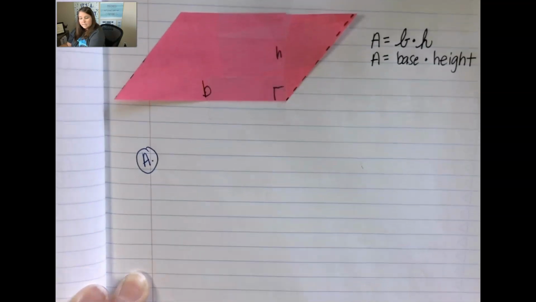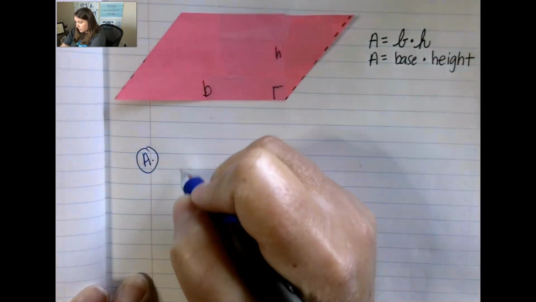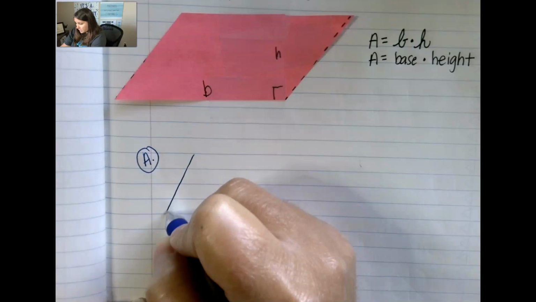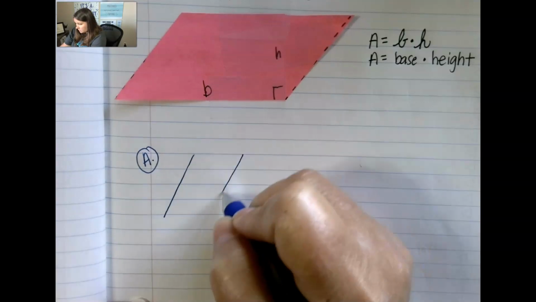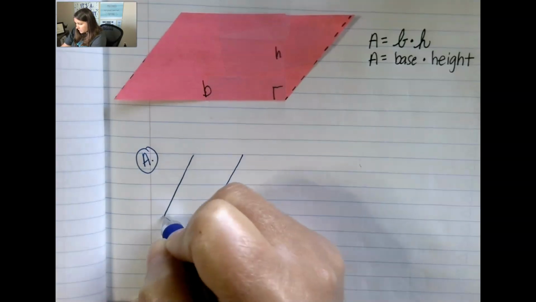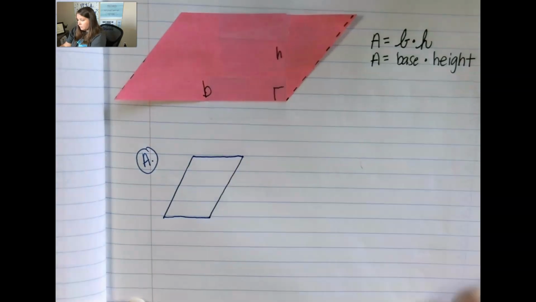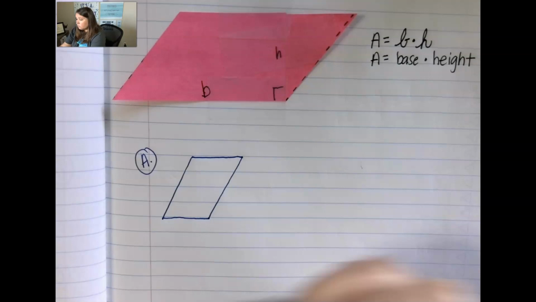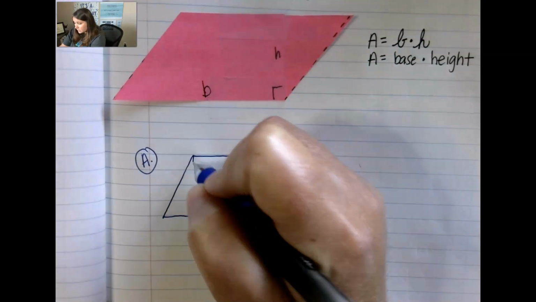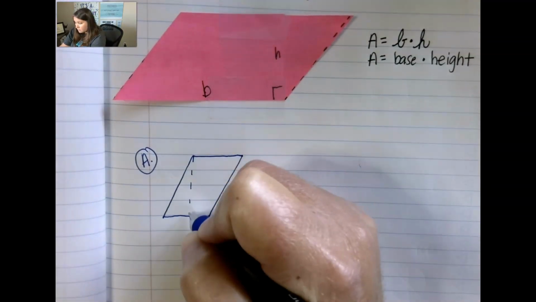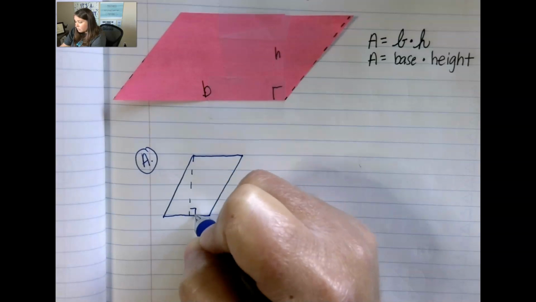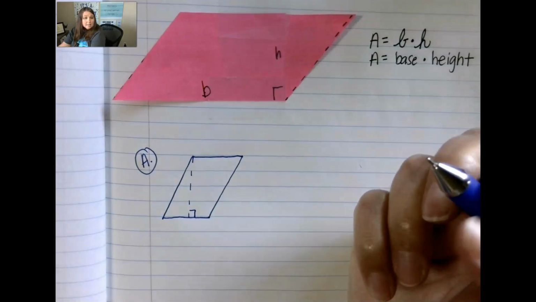So let's say that I have a parallelogram that looks like this. There's my two angle sides that are slanted. Okay, the height is on the right angle. So that's the rhyme that I want you to remember: the height is on the right angle, always.